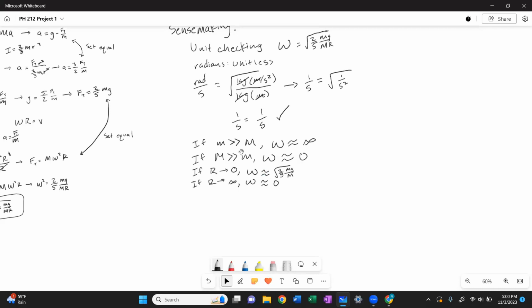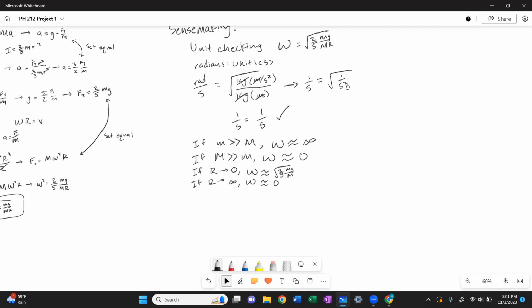But then the opposite can be said if big M is much greater than little m, and that will result in the angular velocity being about 0, and that makes sense physically in our equation.